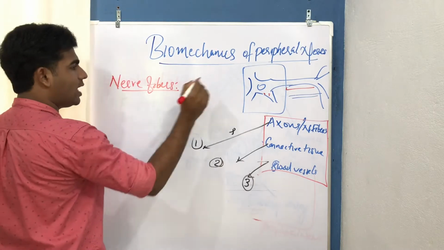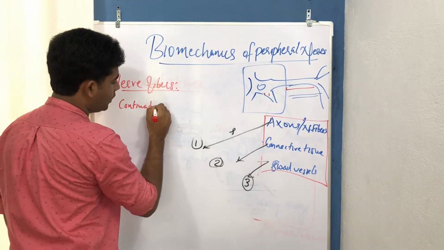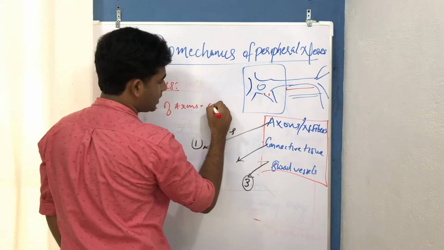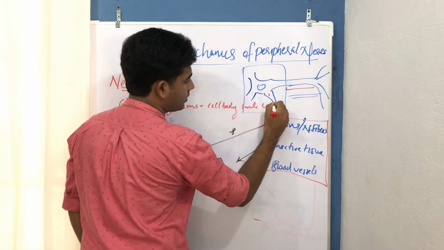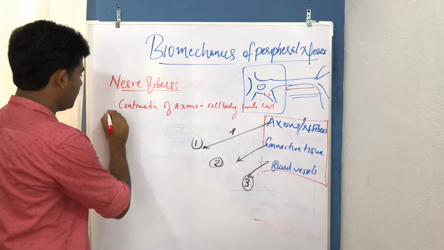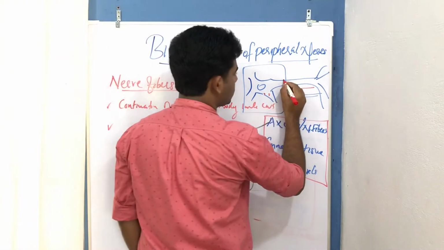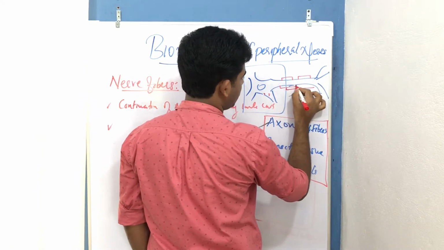In axonal continuation, let us mention that these are continuations of axons that have the cell body inside the CNS, right? That's the first point. Now the second thing we have to remember: these axons have some specialized structures like this, quite known to you.